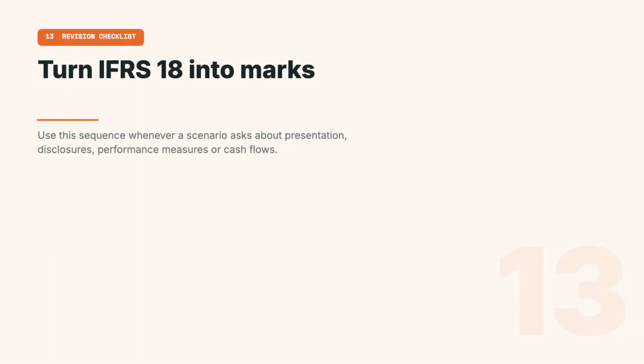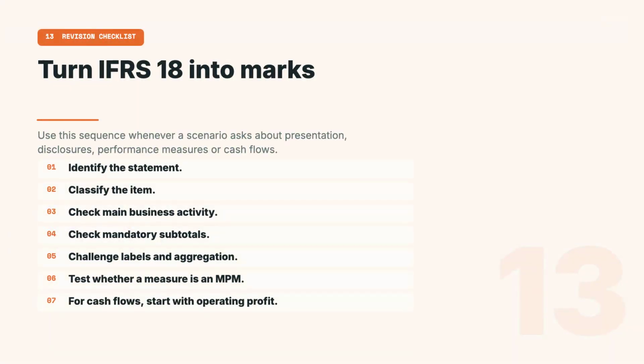When you see IFRS 18 in SBR, use this checklist. First, identify the statement: profit or loss, cash flows, or notes. Second, classify the item: operating, investing, financing, tax, or discontinued. Third, check the main business activity facts. Fourth, check whether mandatory subtotals are present.